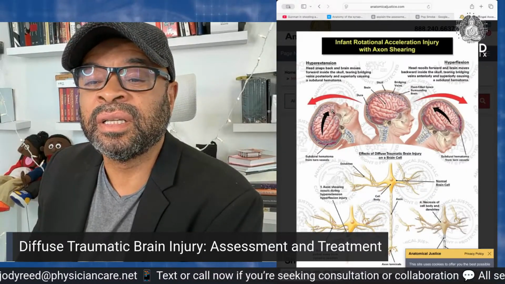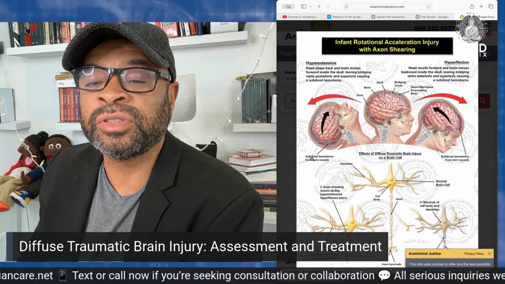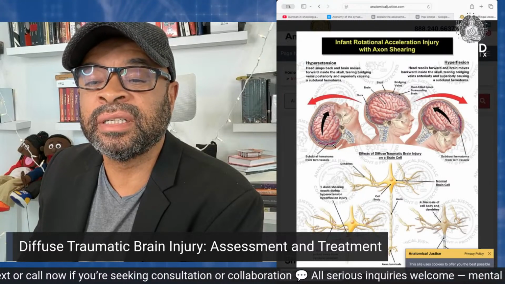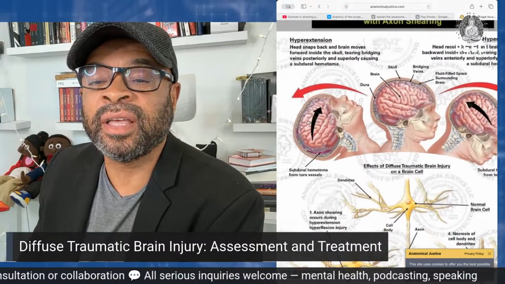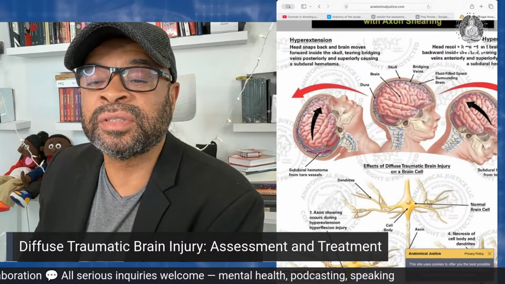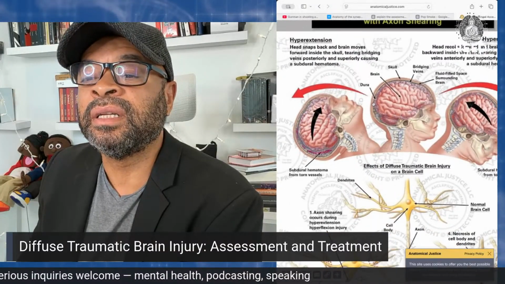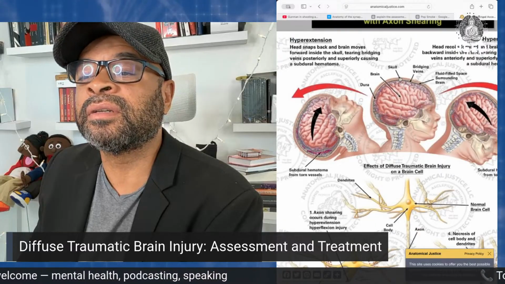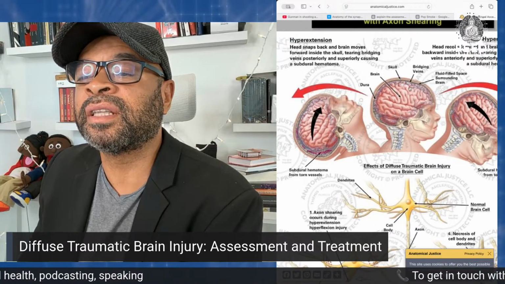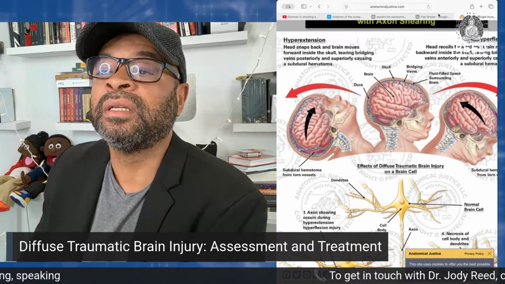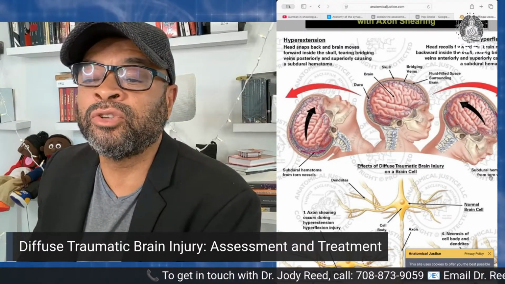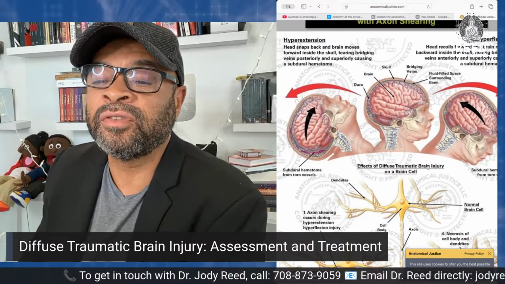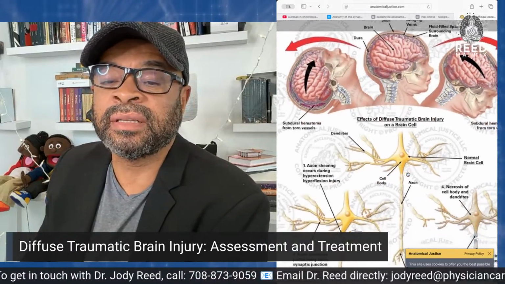Whiplash. Here, subdural hematoma. Right? So this gray part there is the dura, subdural hematoma. Look, here's your dura, brain, the skull, the bridging veins. Can't really see them that well, but it serves its purpose. Look here, you have subdural hematoma. So, the effects of diffuse traumatic brain injury on the brain cells.